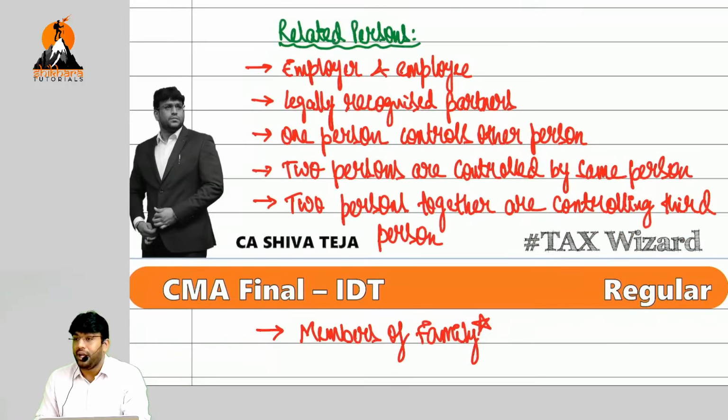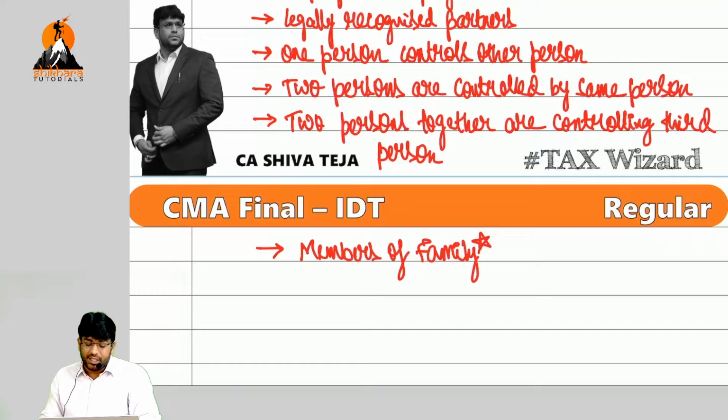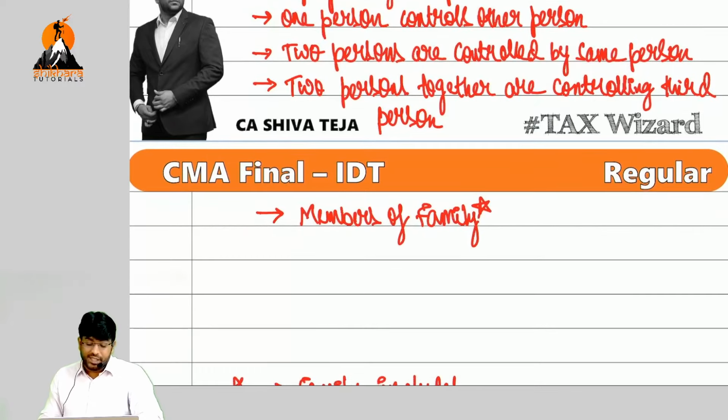Employer and employee. This is not over yet. Employer and employee. Then, legally recognized partner. One person controls the other person. Two persons are controlled by same person. Two persons together are controlling a third person. Then members of family.